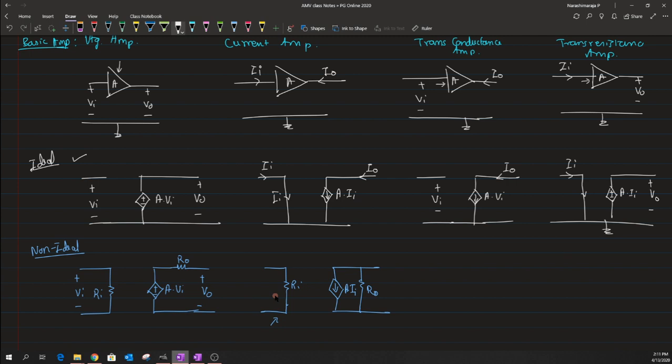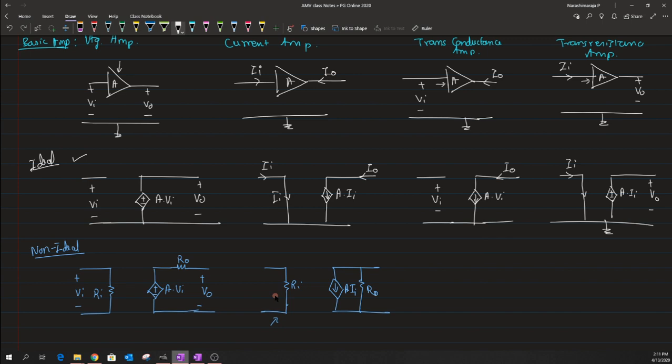Okay, so I hope that all these ideal models of the basic amplifiers are clear. Now to this model we just want to add the feedback circuit along with the input source component. This input source can be either a voltage source or a current source, depending on the type of amplifier that we are discussing.